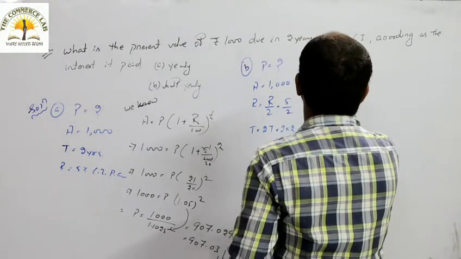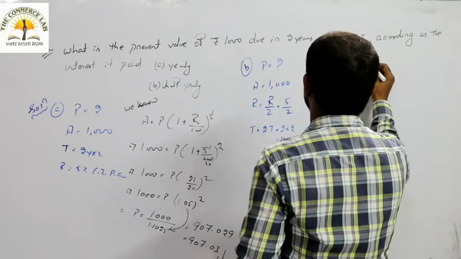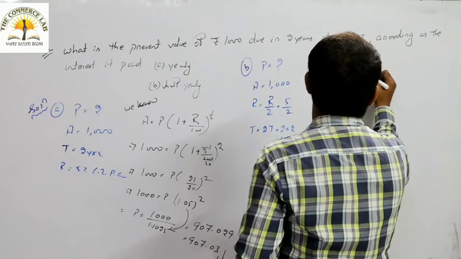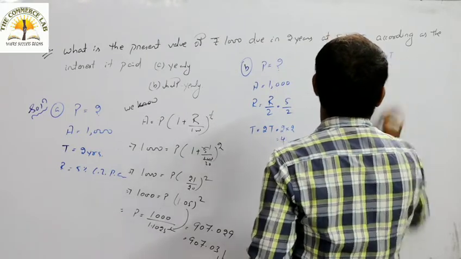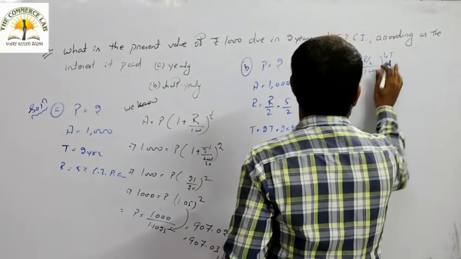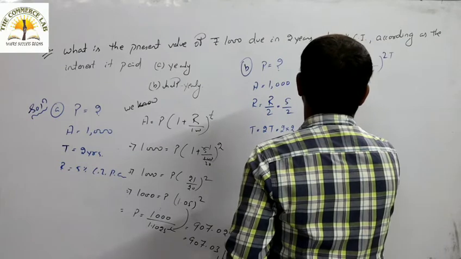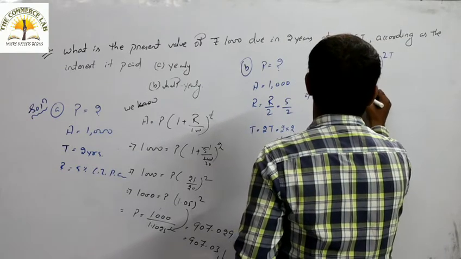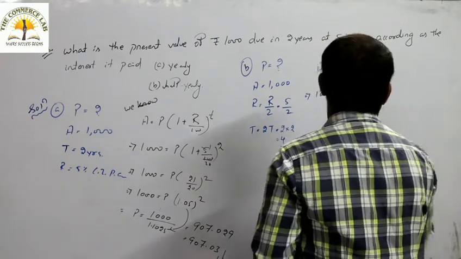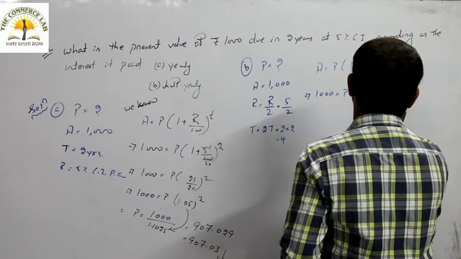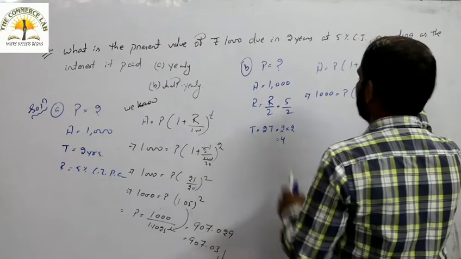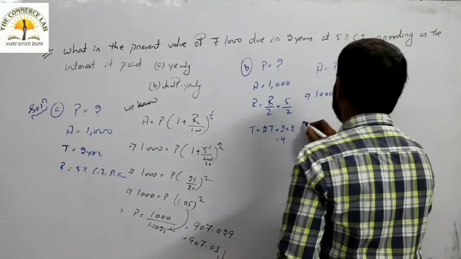Then amount equal to P into 1 plus R by 100, to the power 2T. So A equal to 1000, then P into 1 plus R, which is 5 by 2 into 100, 200, to the power 2 into 2, 4.